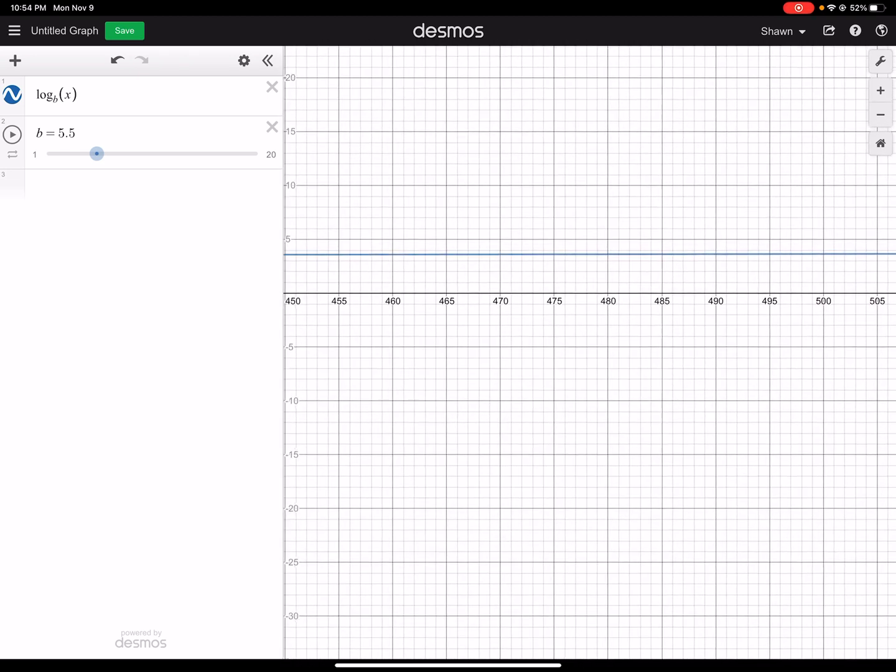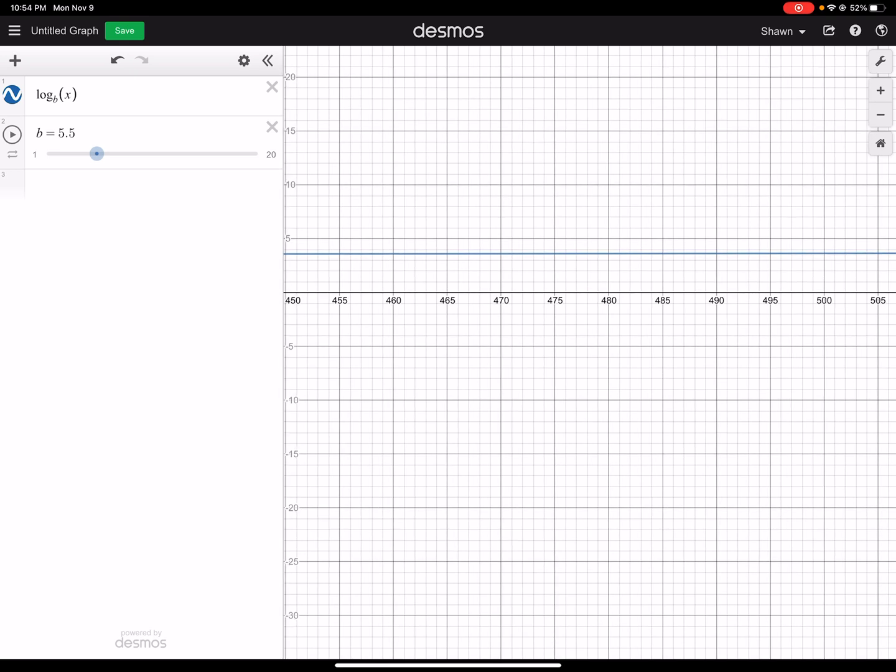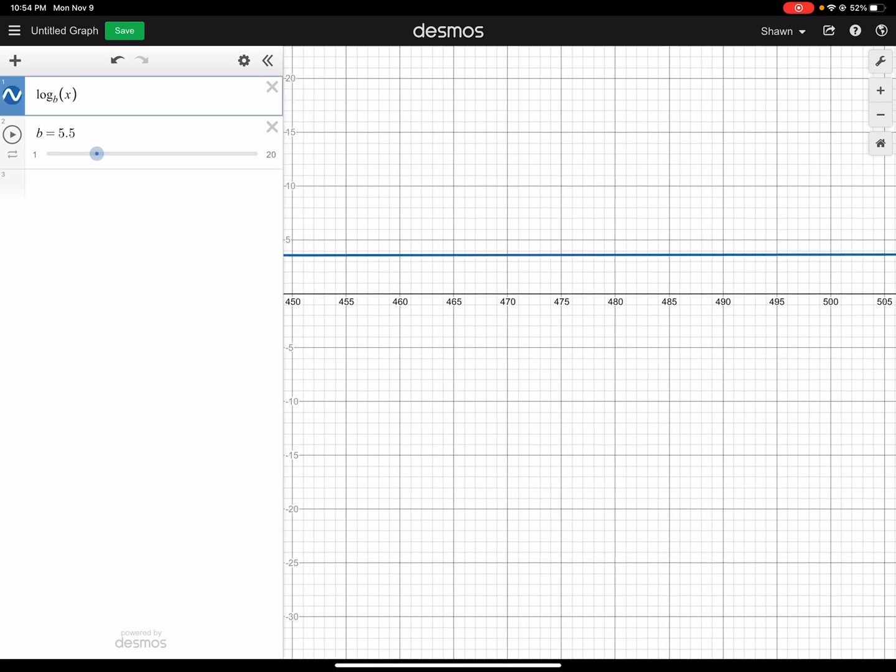But if I can get a point on here, there you can see that as my x goes up, I'm at 3.611, 12, 14, 15, and so it does keep growing forever. It just grows very, very slowly.